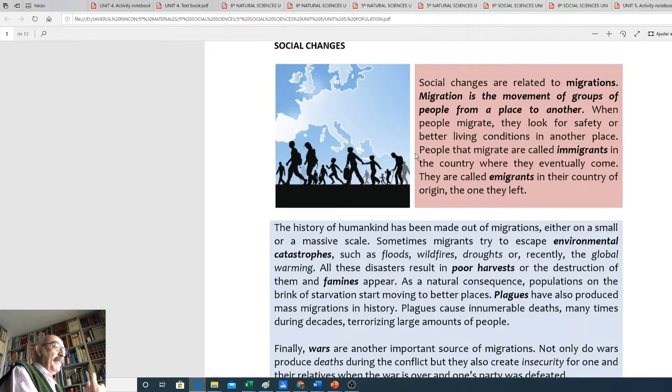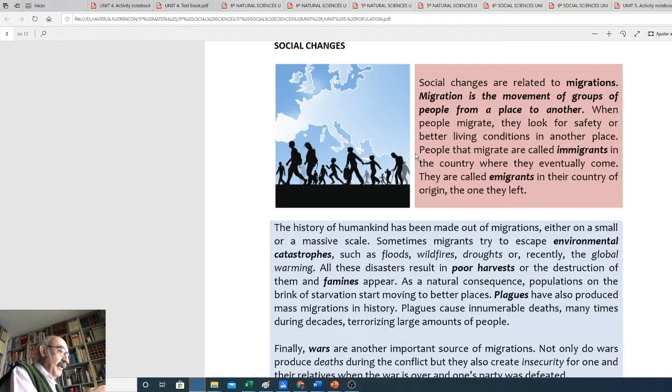They can get this better life in their countries, in their areas of origin, and they move. Okay, from the beginning of humankind, there have been a lot of migrations. Maybe you remember when we studied prehistory. Prehistory was the moment when many people on earth moved, wandering from one place to another, and even when the Neolithic period started, many people were escaping wars, famines, and bad living conditions, and moved from one place to another.